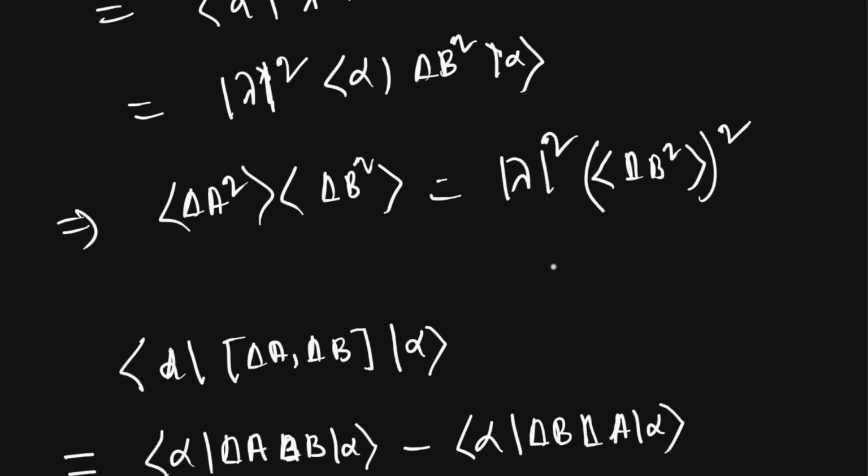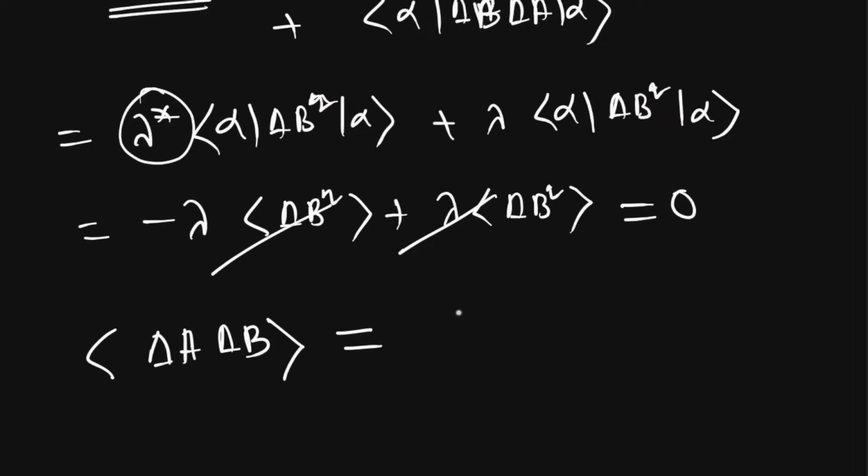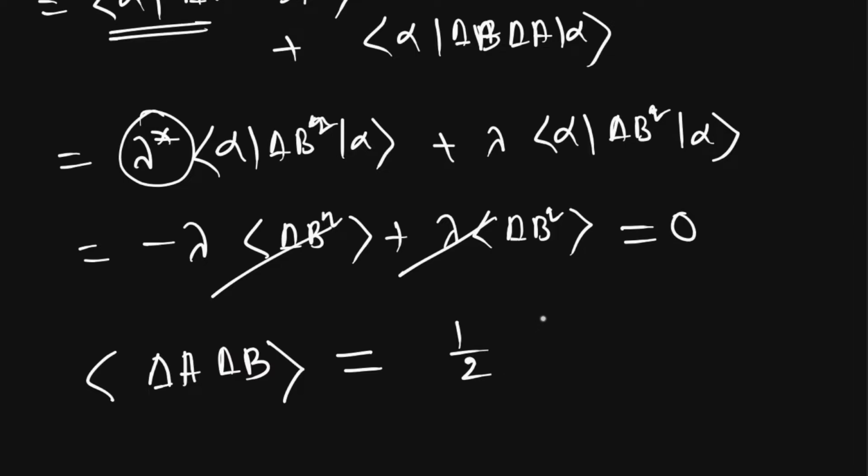That means from the relation, the expectation value of delta A delta B will be half expectation value of A delta B. Now what is its value?